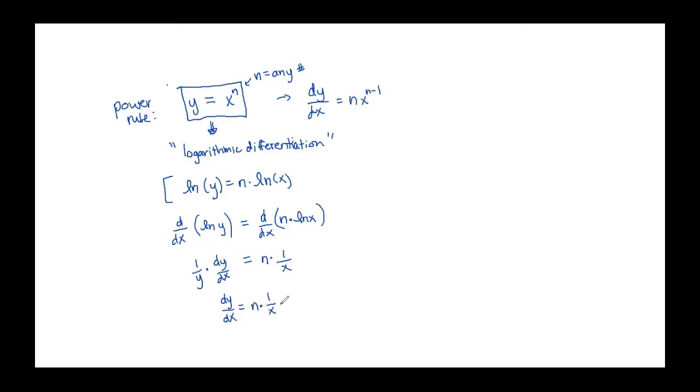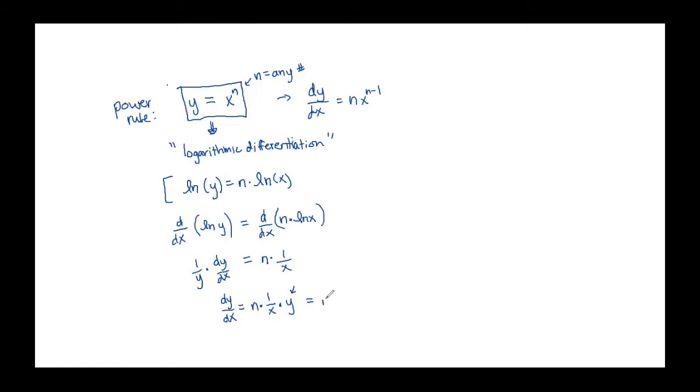I'm going to write it like that for just a second. Now, this doesn't look like our standard result from the power rule, but keep in mind what y was. y is equivalent to x to the n. Y is a function of x for any value of n.